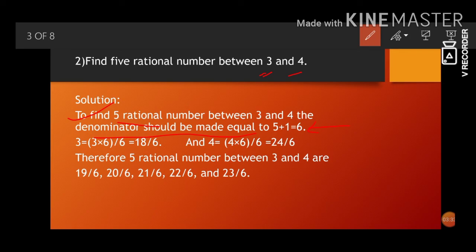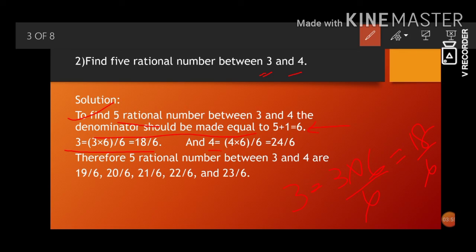So we can write 3 as 3 into 6 by 6. Whatever we multiply in the numerator, the same thing we will multiply in the denominator. So it will give us 18 by 6. So you get 3 can be written as 18 by 6.